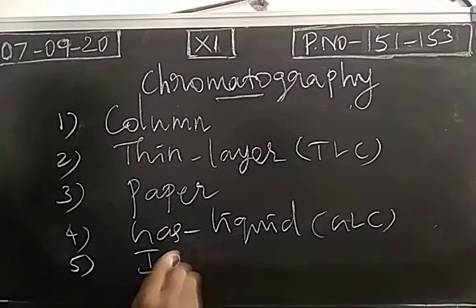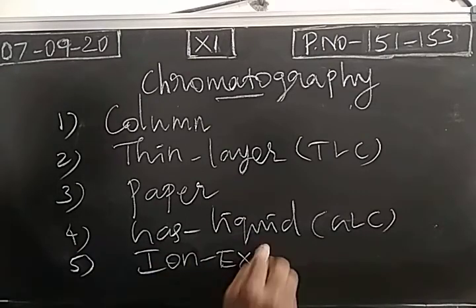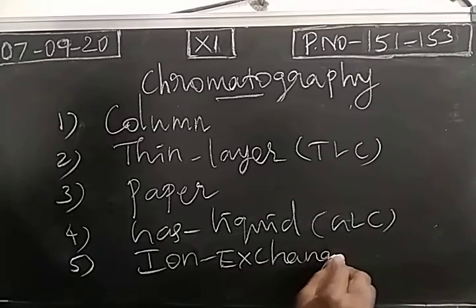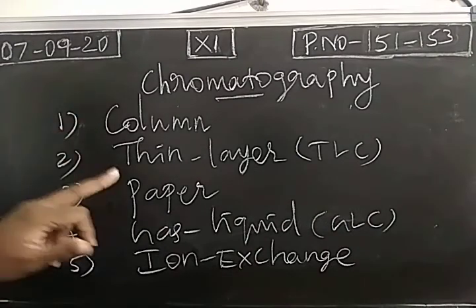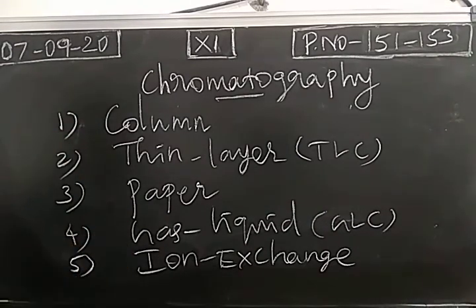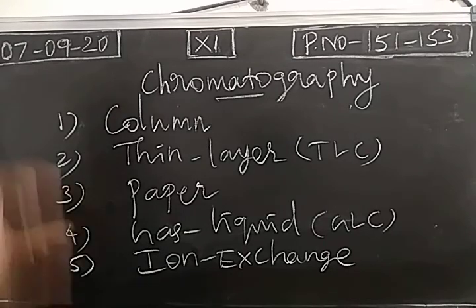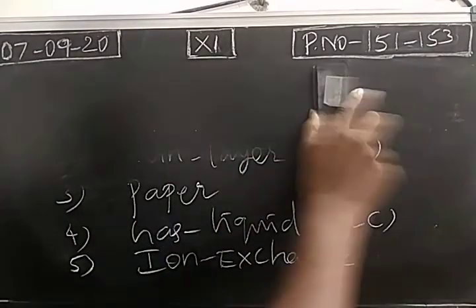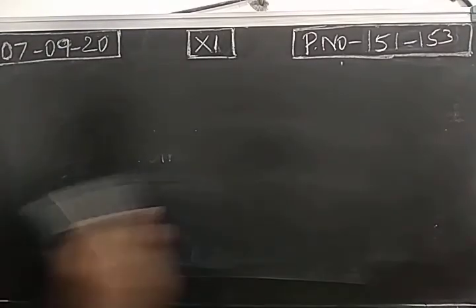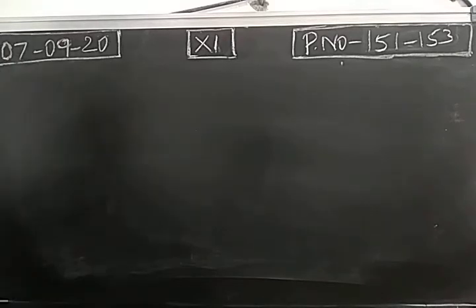Next one, ion exchange. Many chromatographic techniques are available. The common ones are column, thin layer, paper, gas liquid, and ion exchange chromatographic techniques. In this lesson, we are going to study the first three. Each one is an individual 3-mark question.